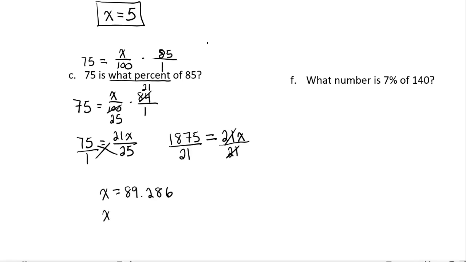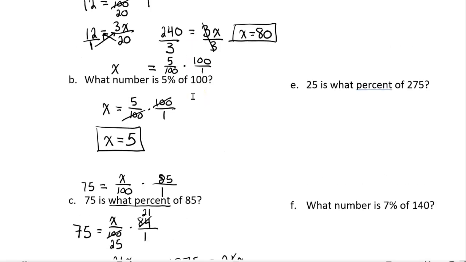So my final answer here is 89 and 29 hundredths. Notice this one, though, is what percent. So we just came up with a percentage, so we have to include the percent sign. And that's your final answer.